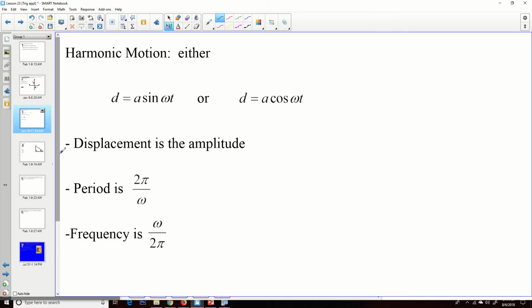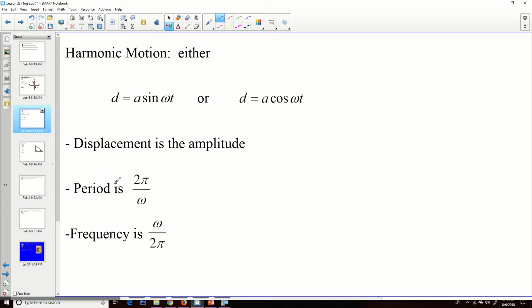All right, harmonic motion. Harmonic motion follows something like this. D equals A sine W theta, or D equals A cosine W theta. Displacement is the amplitude. So when they say what is the displacement, they're talking about the amplitude.